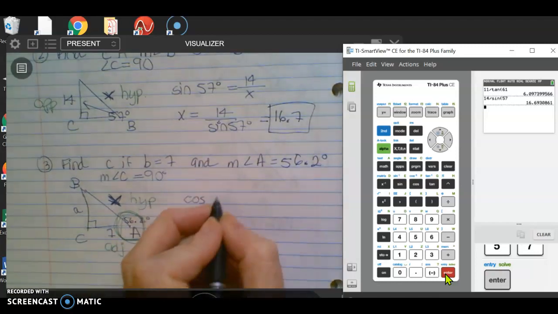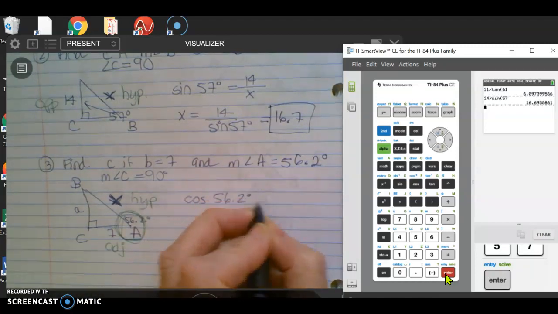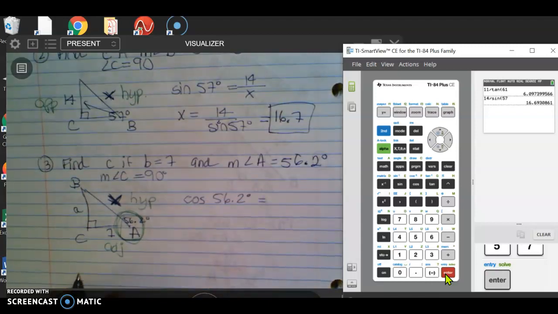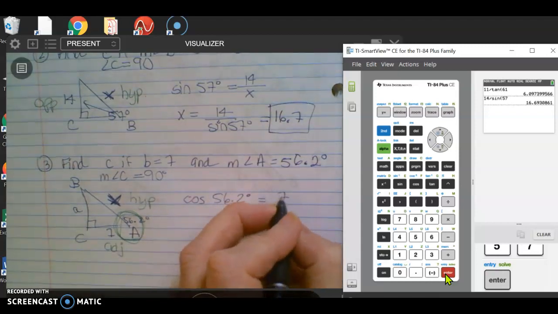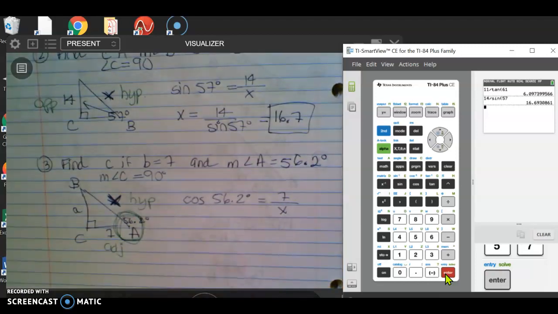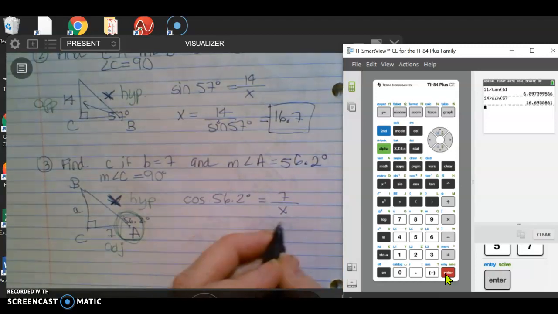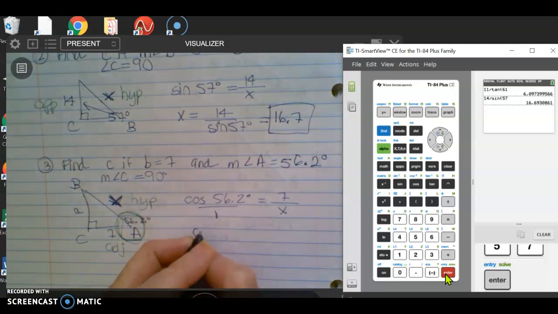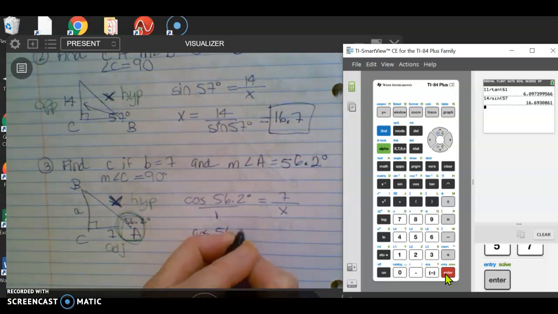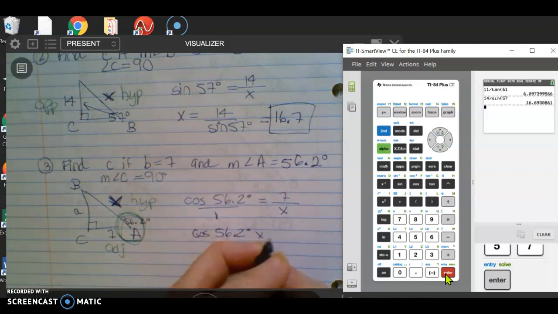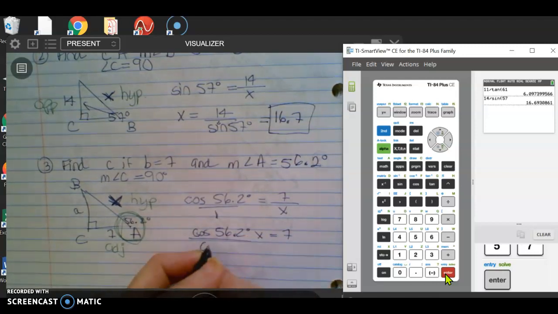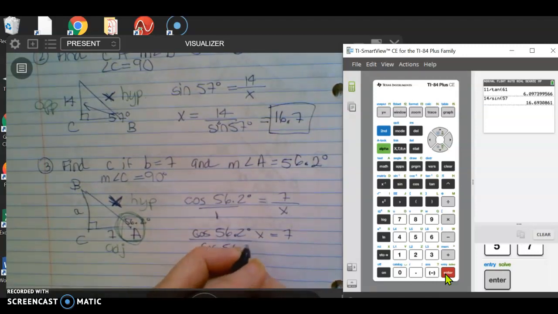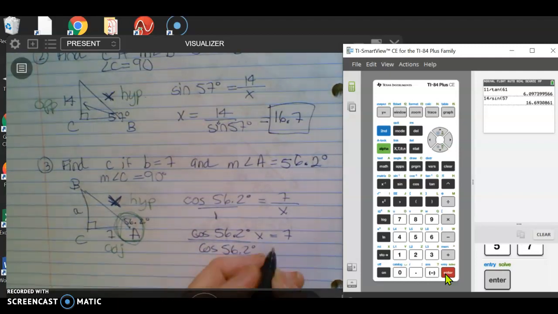So cosine of 56.2 degrees is equal to adjacent 7 over hypotenuse. So these two reverse when I cross multiply. Okay, once again, we end up with cosine 56.2 degrees times x equals 7. So I divide by cosine 56.2.